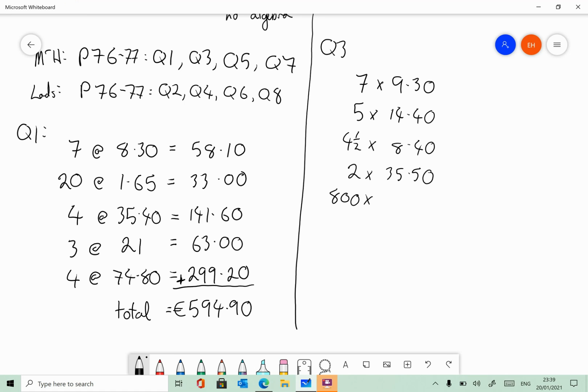Okay, so I'm going to talk about that in a second, but I'll write down the next one. And it is 12 multiplied by 4.55. Now, there's 800 grams of grass seed, and you buy grass seed in 100 gram bags.